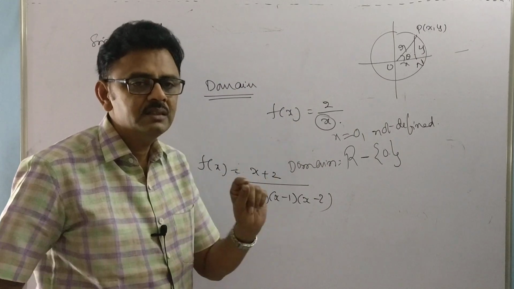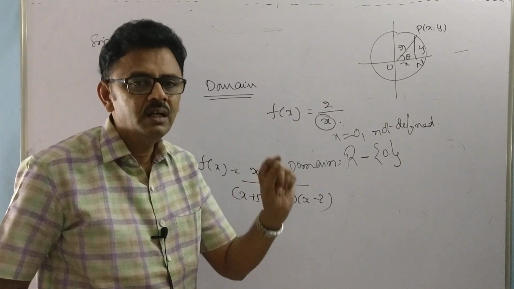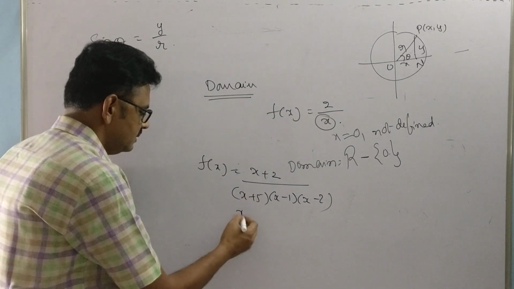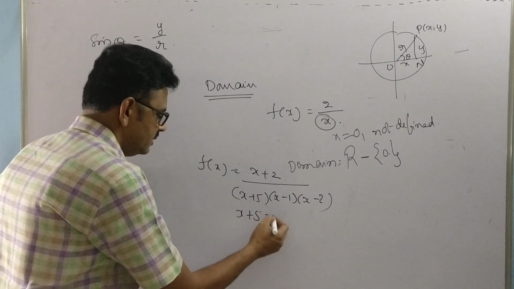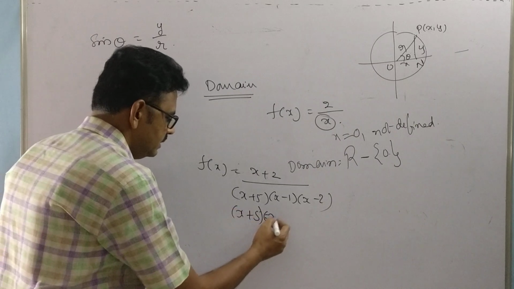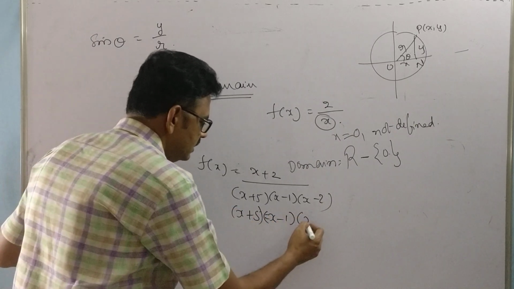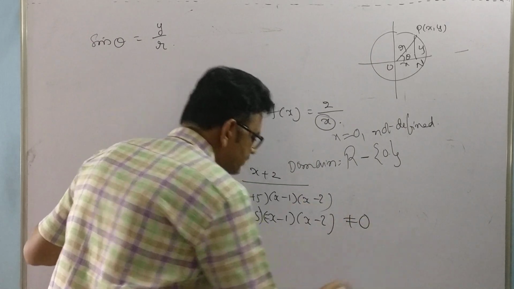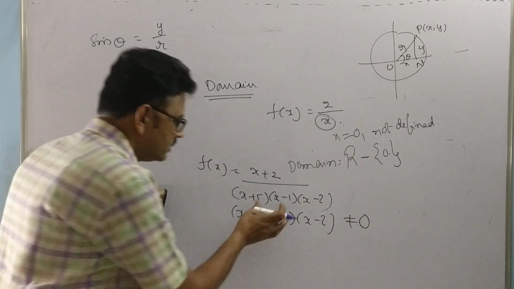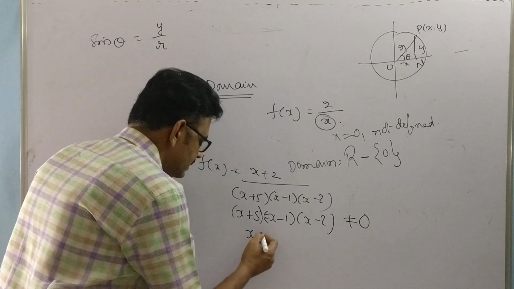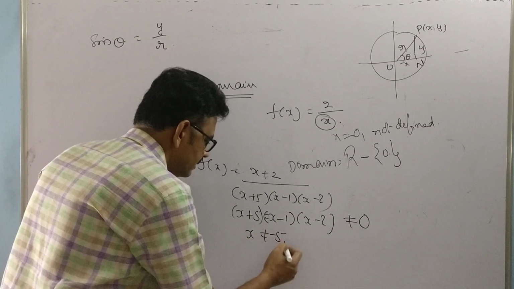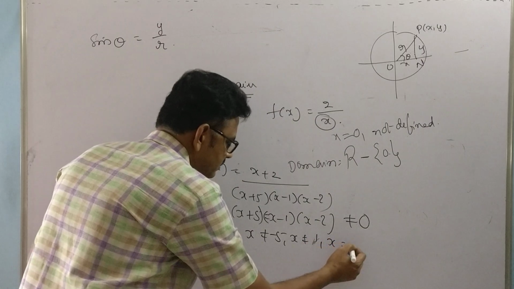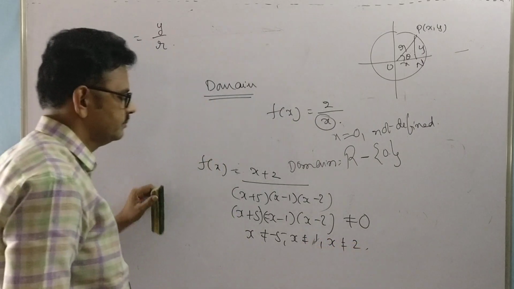But the condition is that the denominator is not equal to 0. So (x plus 5)(x minus 1)(x minus 2) is not equal to 0. That means x is not equal to minus 5, x is not equal to 1, and x is not equal to 2.